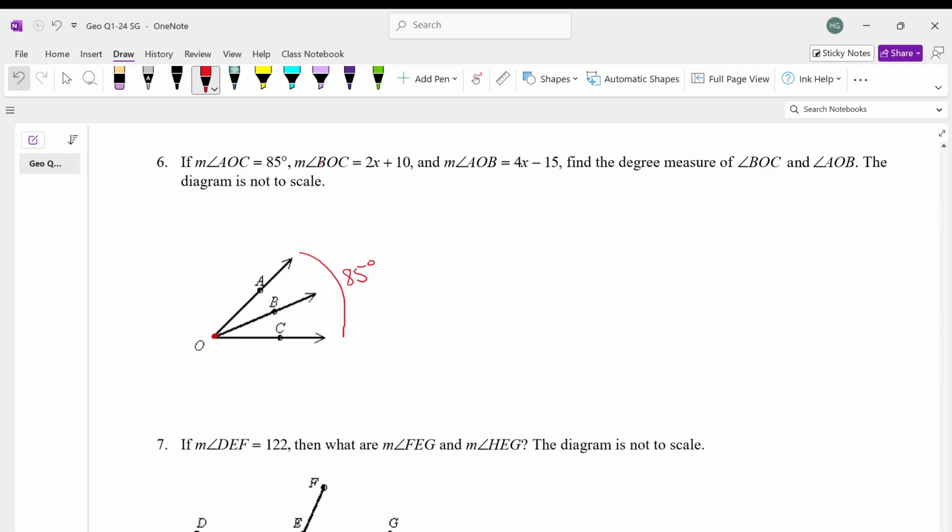The measure of angle BOC, this angle, is 2x plus 10. And the measure of angle AOB in here is 4x minus 15. Find the degree measure of BOC and AOB.